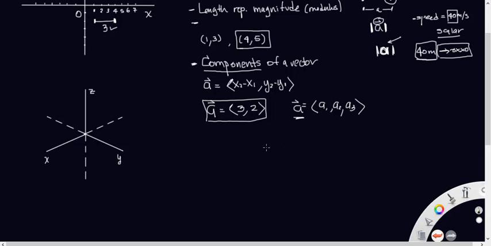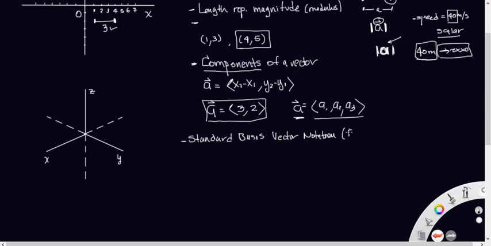So another thing to remember that we are going to use in our two and three dimensional coordinate systems is this component notation, but we have another notation, which is the standard basis vector notation.